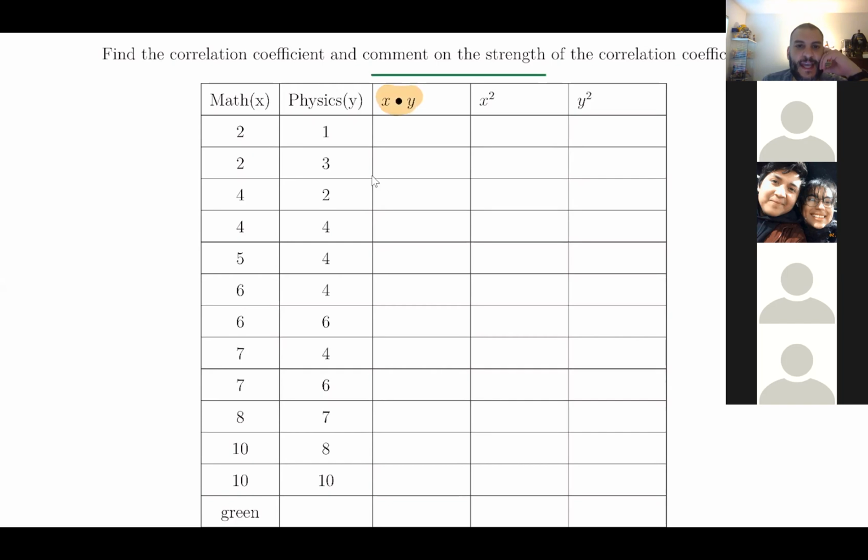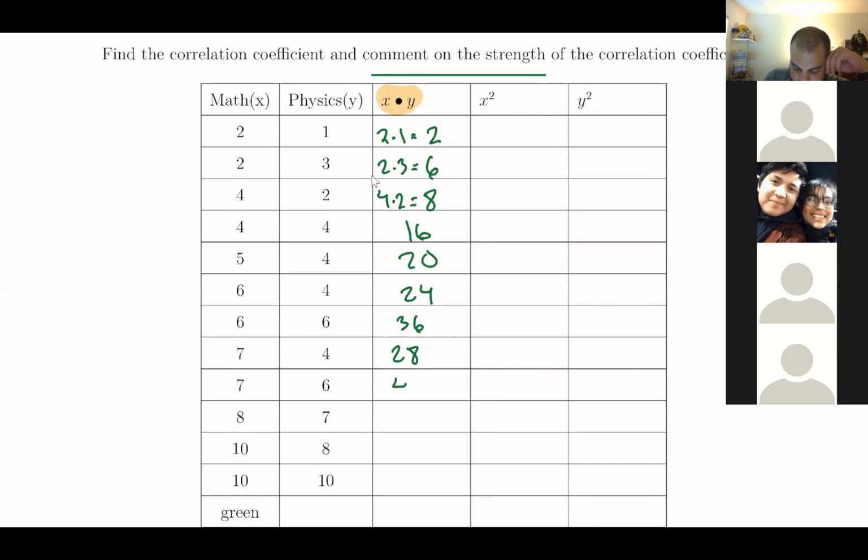If you look at this table, it says x times y. So I'm going to multiply x by y. I'll do the first one here, but then eventually do it all in my head. 2 times 1, you get 2. 2 times 3, you get 6. 4 times 2, you get 8, 16, 20, 24, 36, 28.